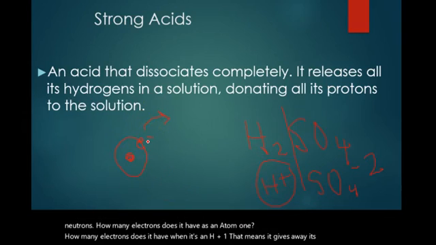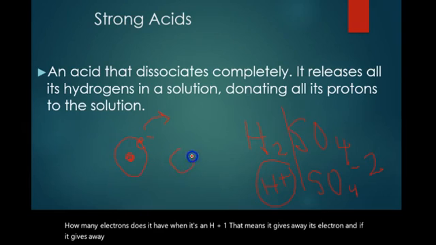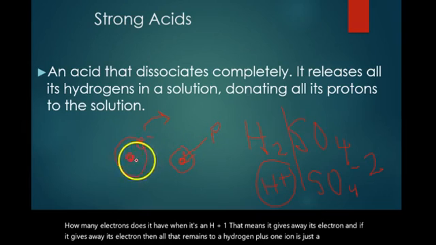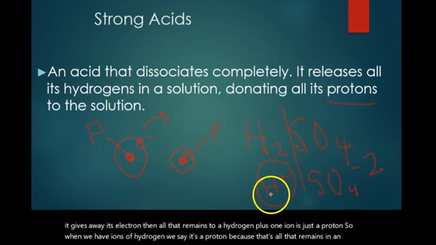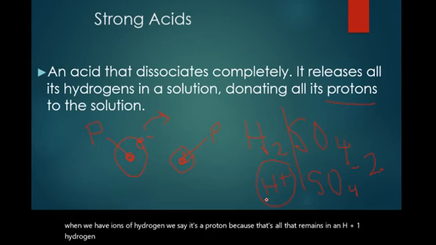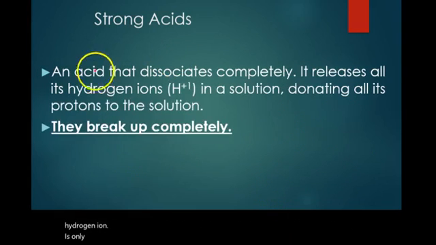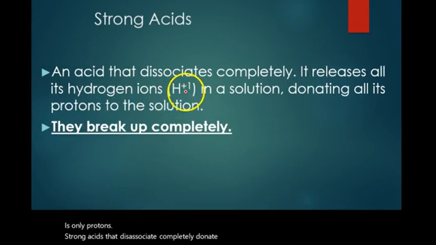And if it gives away its electron, then all that remains of a hydrogen +1 ion is just a proton. So when we have ions of hydrogen, we say it's a proton, because that's all that remains in an H+1 hydrogen ion. Strong acids that dissociate completely donate all of their protons into the solution. Okay, they break up completely.